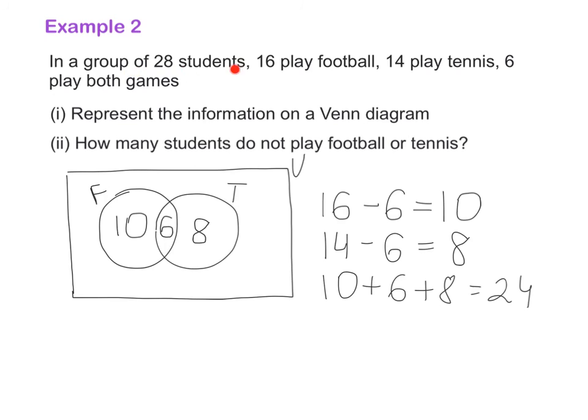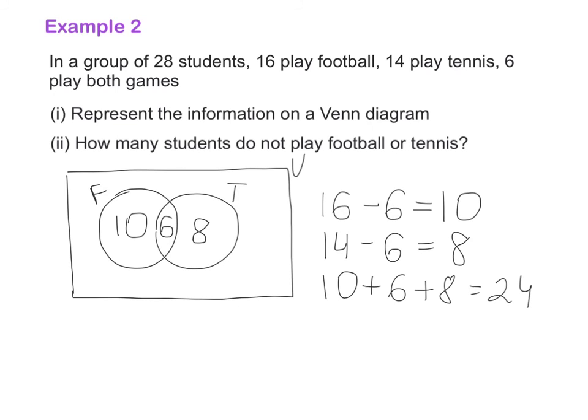Okay, and look at our question. In a group of 28 students, so we know that our universe has 28 students, and in here we have just 24. So what does it mean? There are 4 more students, and 4 more students do not play football and do not play tennis, any of the sport.